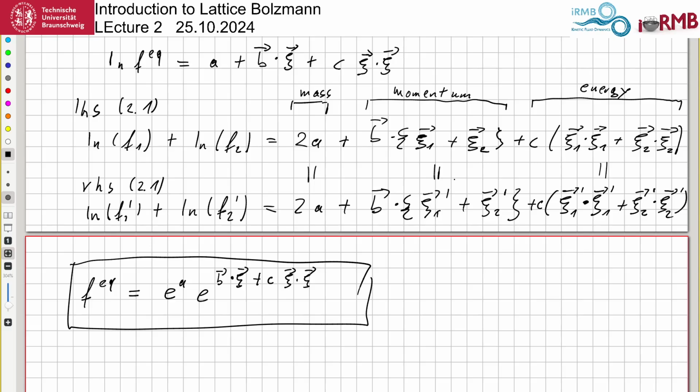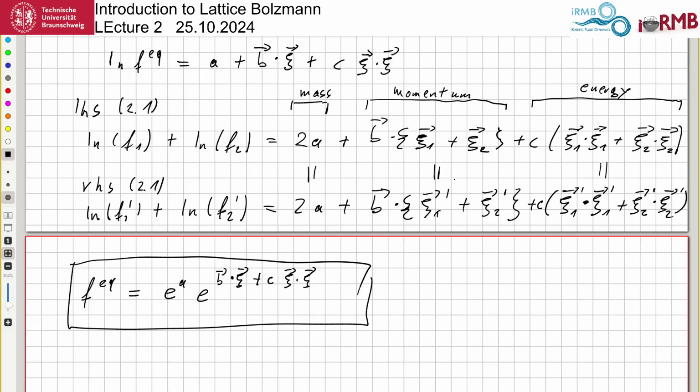Somehow of this form will be the equilibrium function. We see that this can be seen as a shifted Gaussian, where we have not identified whether c is positive or negative. You could say this seems to go to infinity and would look strange, but if this c, which we have not specified, is negative, then we get a Gaussian function in three dimensions.